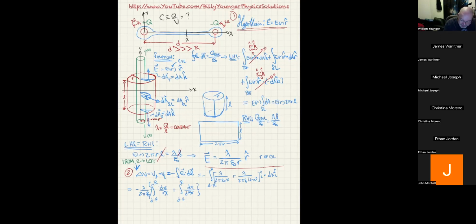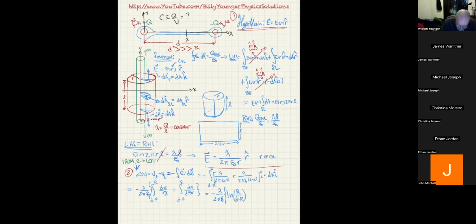The integral on the left, that should be pretty easy peasy to you guys. You know, it's just a natural log. So I'm going to say negative lambda over 2 pi epsilon naught. This is going to be the natural log. I'll put my curly brackets around it. It's going to be the natural log of r over d minus r.